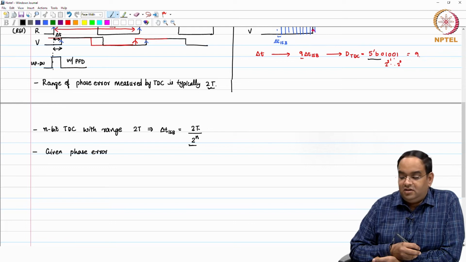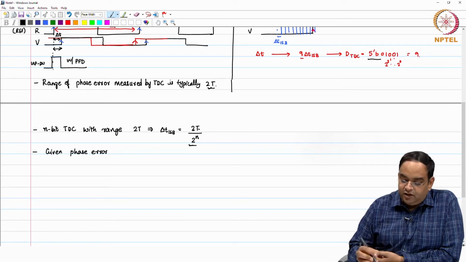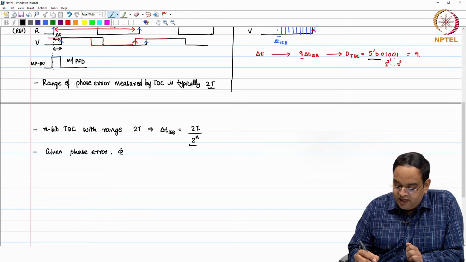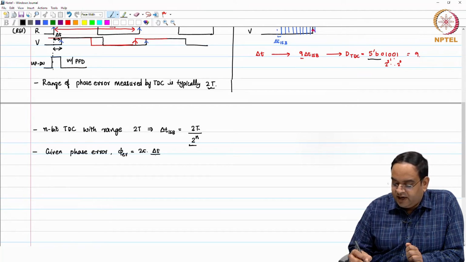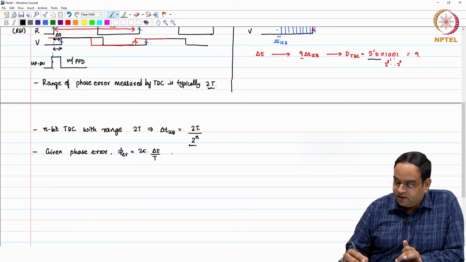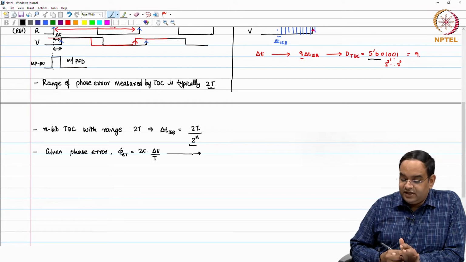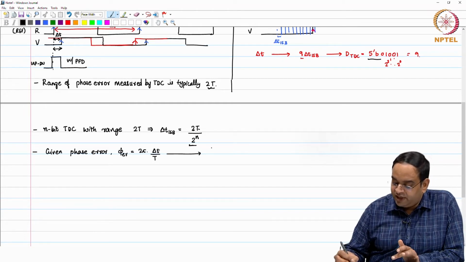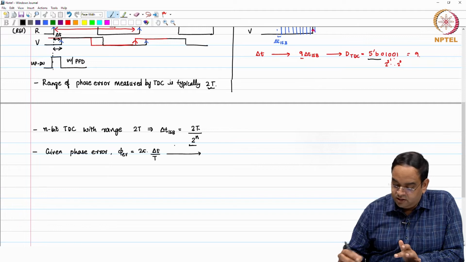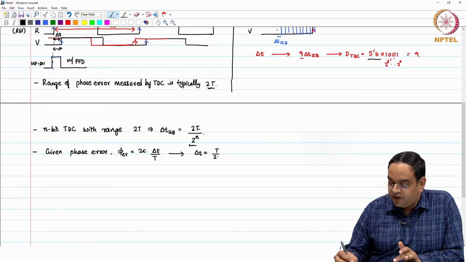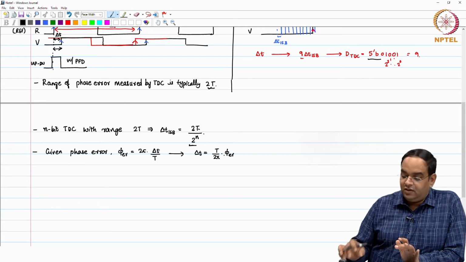Okay. So, given phase error phi error as 2 pi times delta t by t, this phase error is converted by the TDC to the digital equivalent. So, you can always write delta t as t over 2 pi times phase error. Okay.